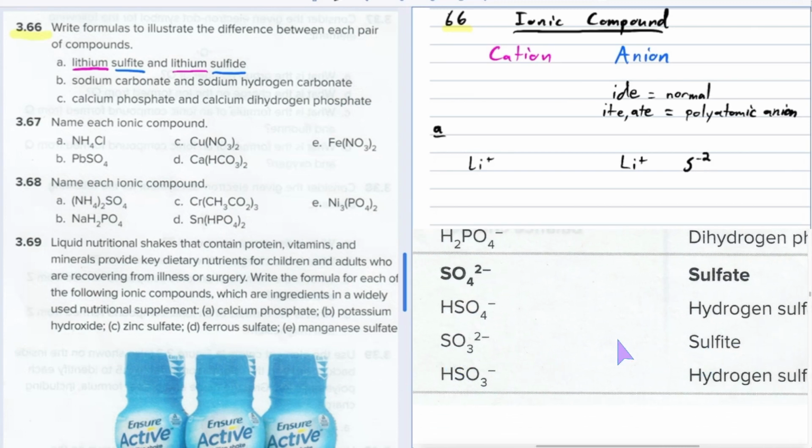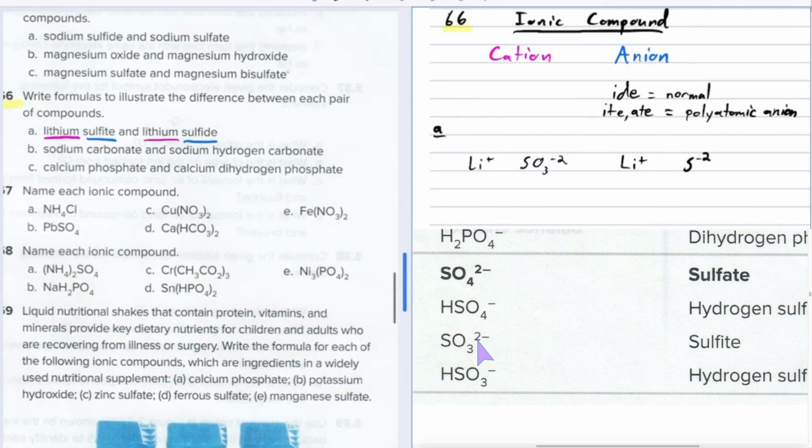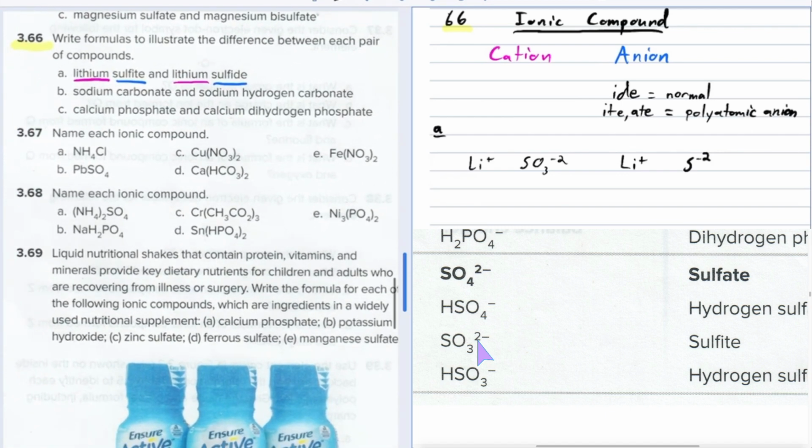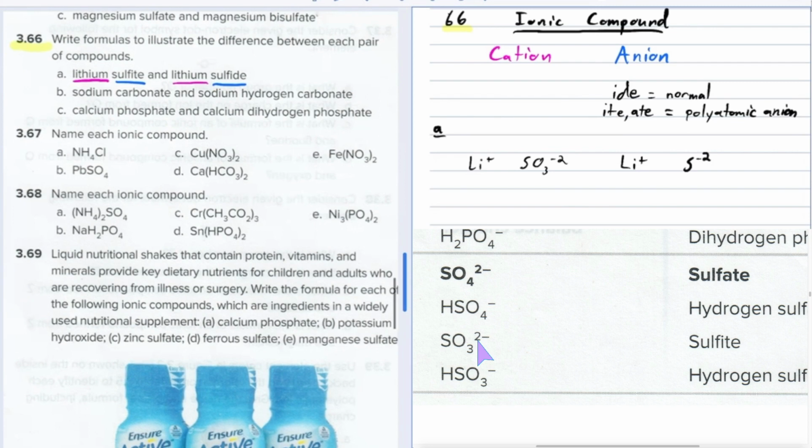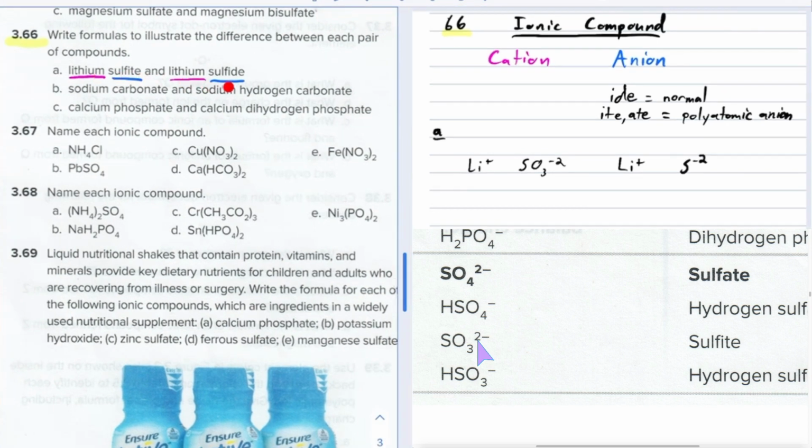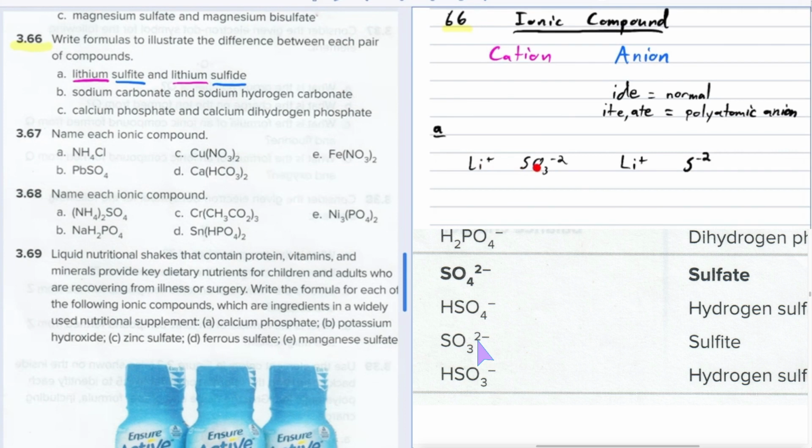So sulfite is SO3 minus 2. So when you see lithium sulfite, that sulfite is an SO3 minus 2. All right. So now that we know what these guys are, we can write the formulas.